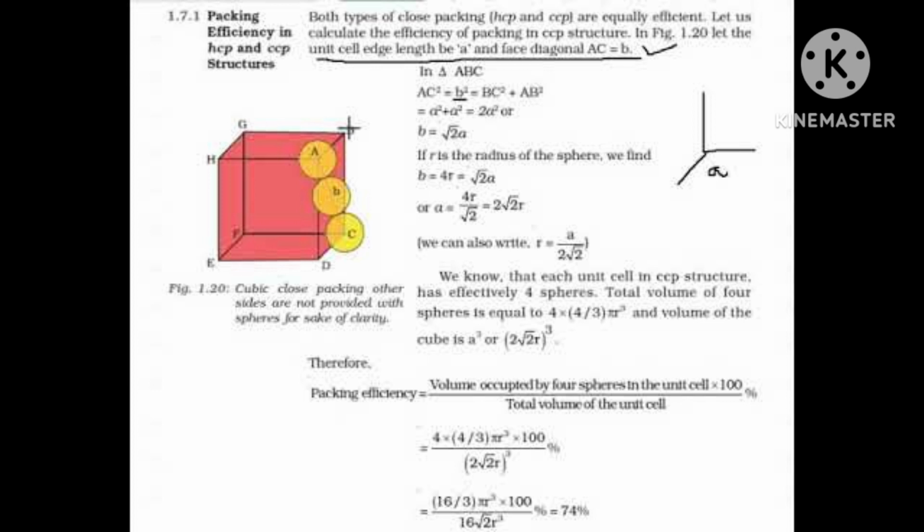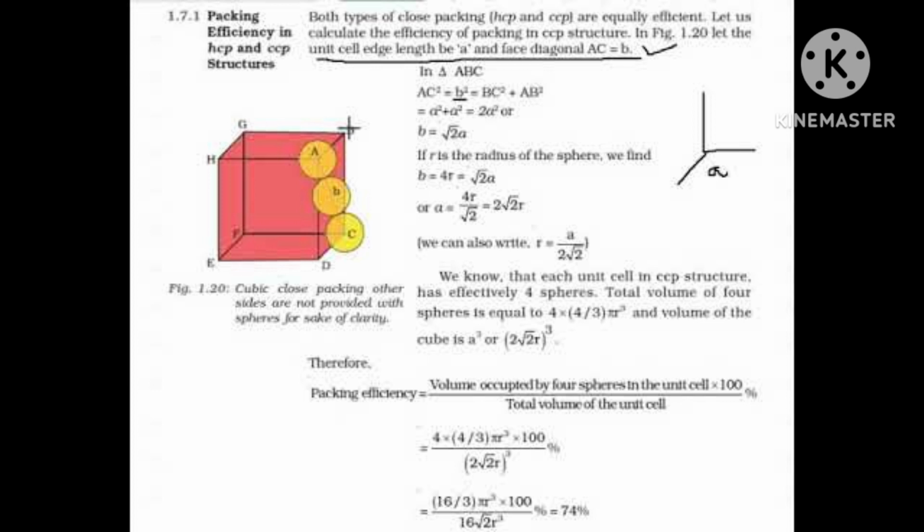And if you want to know the A value, then 4R is equal to root 2 into A. Then what is the value of A? It is 4R divided by root 2. Very simple way: 4R divided by root 2.